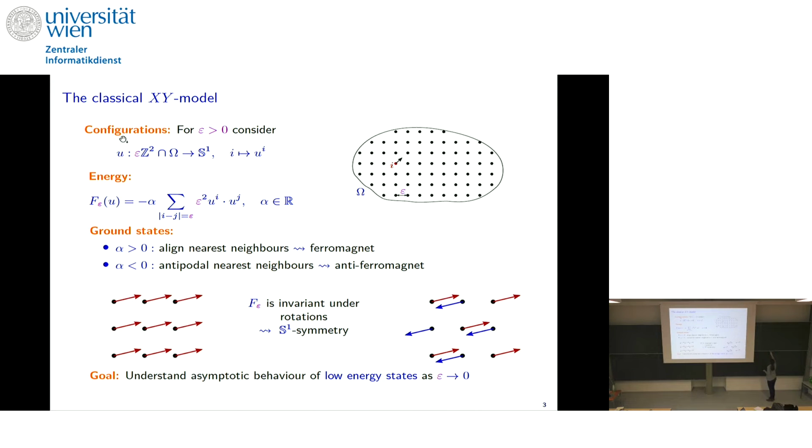The way to do that is to say I look at configurations u epsilon such that F epsilon of u epsilon minus the global minimum is less than or equal to some constant times some vanishing parameter eta epsilon.